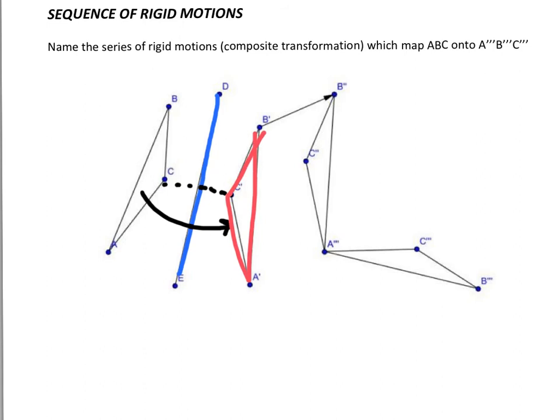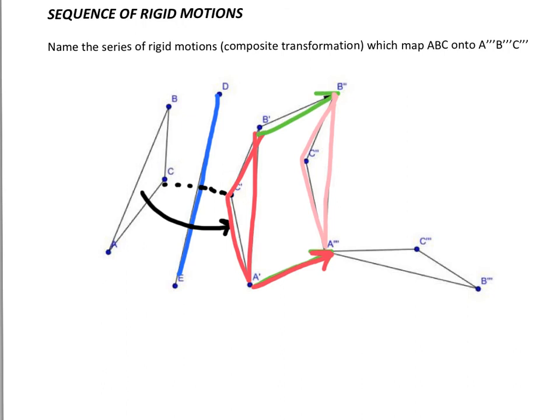Now because I'm ultimately going to rotate about point A, I'm actually going to translate along this vector rather than this one here. They're really the same translation, but I think it's easier to see if we translate along this one here. So I'm going to translate A prime such that it maps onto A triple prime, which then gives me this shape right here.